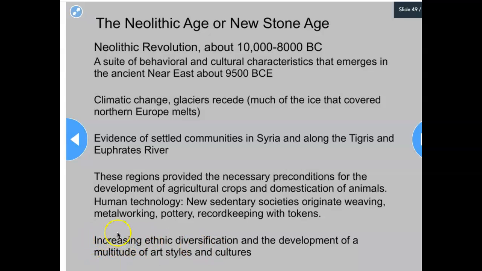You're going to be subject to different developments and ethnic diversification. It's going to lead to a multitude of art styles and cultures. So it's really interesting what begins to happen in the Neolithic era.